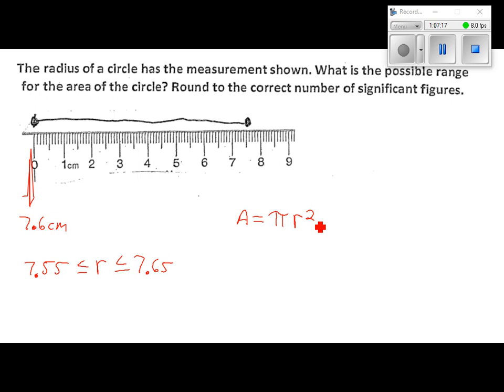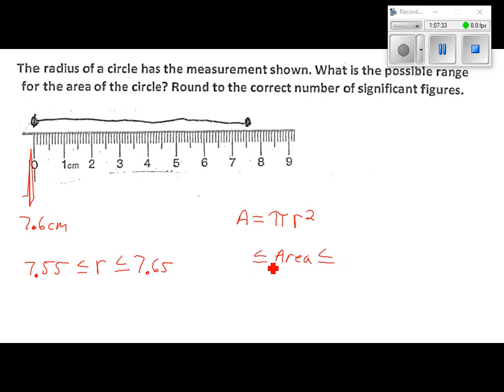So we're going to do two different ones here. Have your calculators out so that you can help me. This is the area that we're looking at. We want the highest and the lowest it could be.